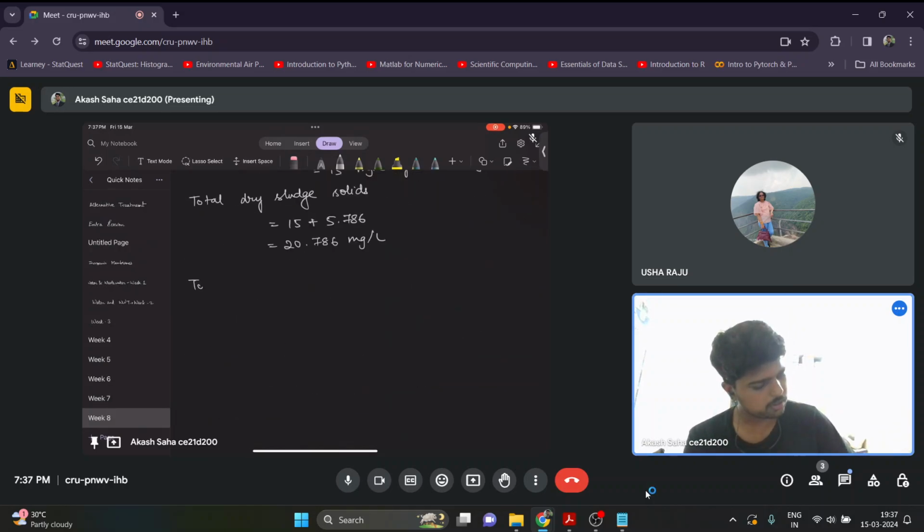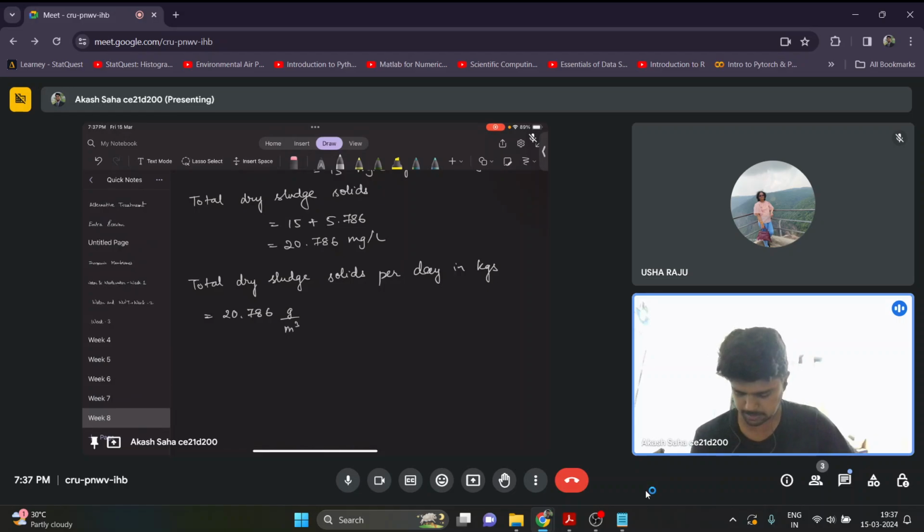So my total dry sludge solids per day in kgs, we will get 27.6 milligram per liter. I can also write it as gram per meter cube.